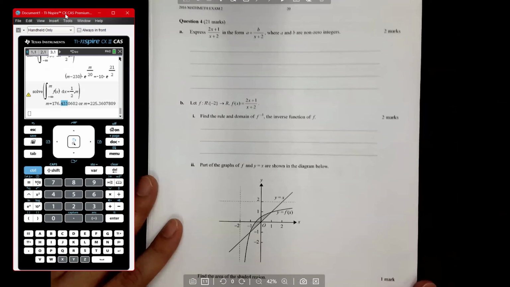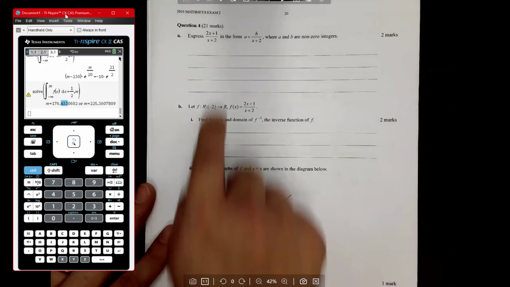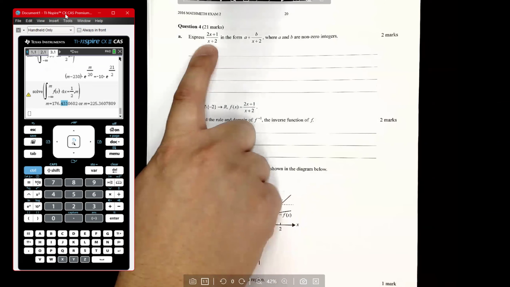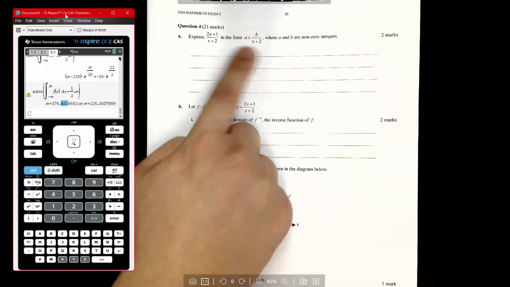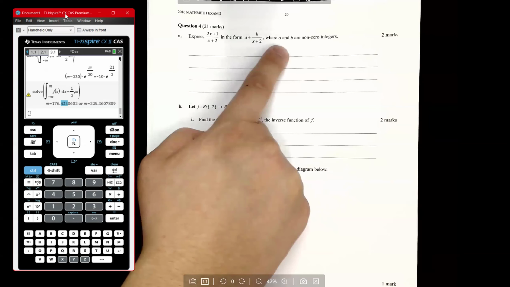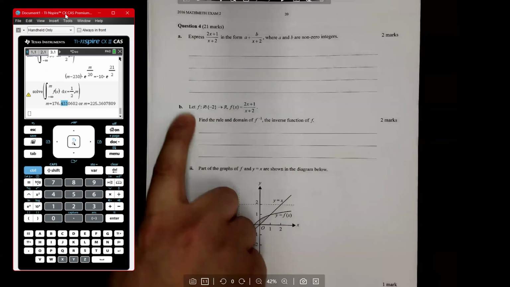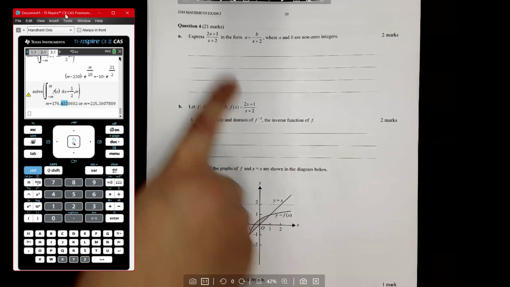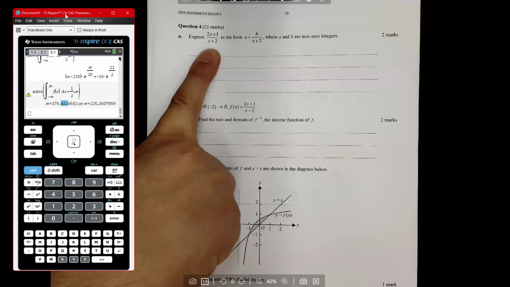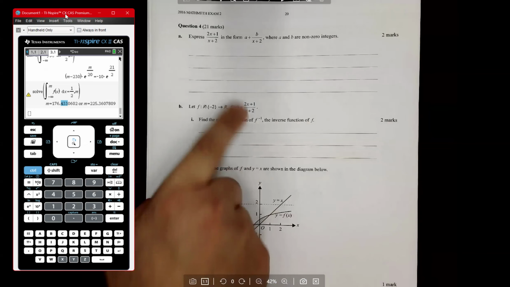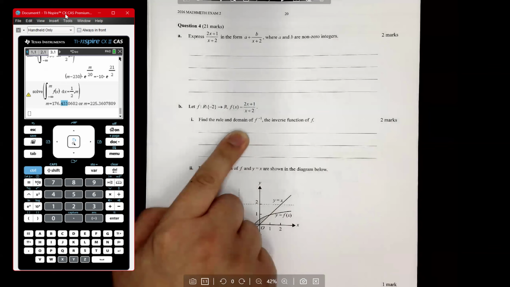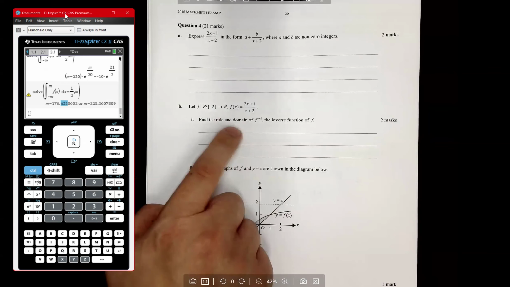Part A wants you to express this rational function in standard rectangular hyperbola form, 2 marks. Part B follows part A, uses the same function and asks you to find the inverse domain and rule.